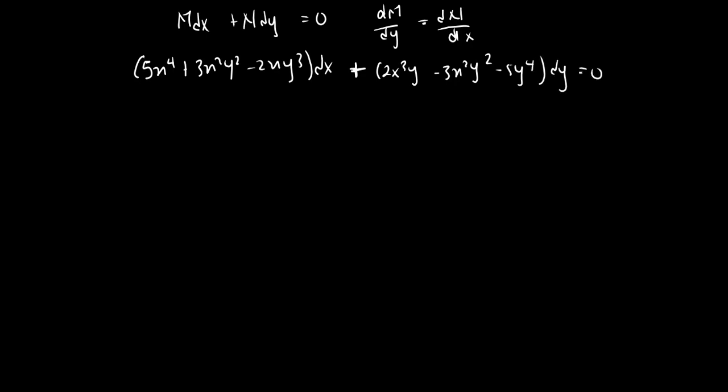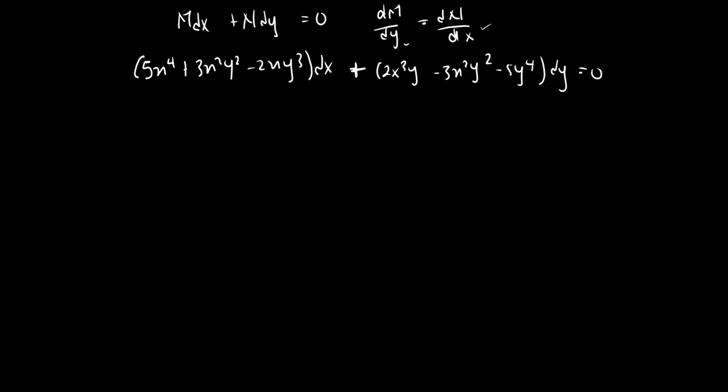You may be wondering, why can we not use the homogeneous equation? Yes, it may be possible to use the homogeneous equation, but if you are given a question like this, it is wise to first check if it is going to be exact, because it is easier to check. So how do you check? You find your M and you find your N. Then you find dM/dy and dN/dx.